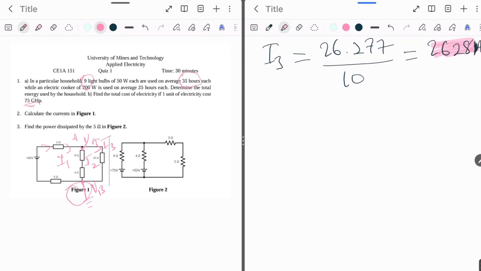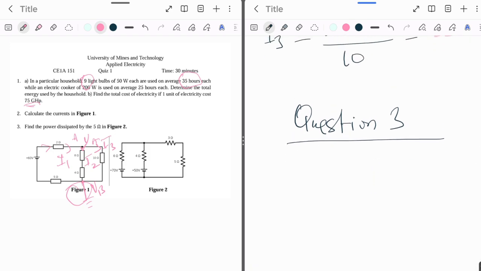Now let's move to question 3. I'm going to solve question 3 using Thevenin's theorem, right?